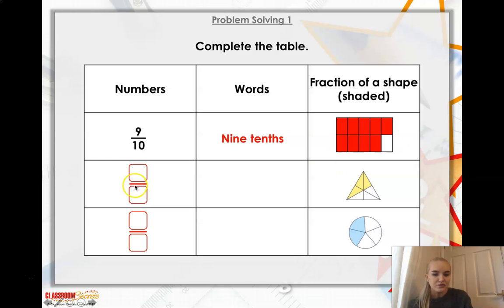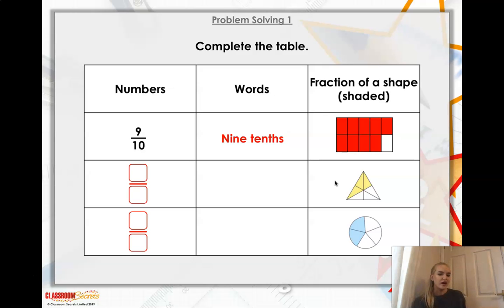For the second row, we have not been given a fraction and we have not been given a word. We've just been given the area that is shaded. Now, to work out the fraction, can you remember what we need to do? That's right. We know that our denominator is how many parts we have all together. So we can count these first. 1, 2, 3, 4, 5, 6. So we know that it's going to be something over 6.